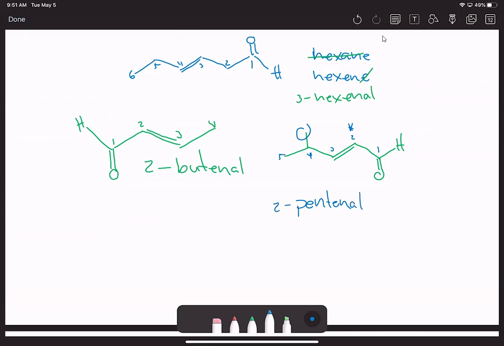It's an aldehyde, so it's 2-pentenal. And carbon number 4 has a methyl, so this is 4-methyl-2-pentenal. And that's about as complex as we're going to get for aldehydes.